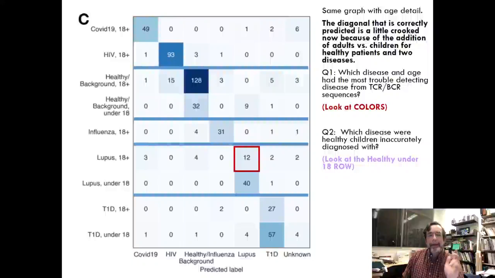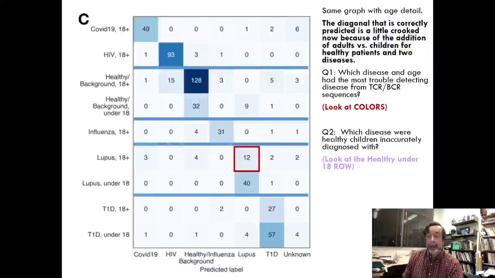And on the other hand, for the 18 plus category, it had trouble detecting the disease, because it only detected 12 of those when there were a lot more. There's 7 on the one side, there's 4 on the other side. So for adults with lupus, it only predicted that they had lupus right 12 out of 23 times.